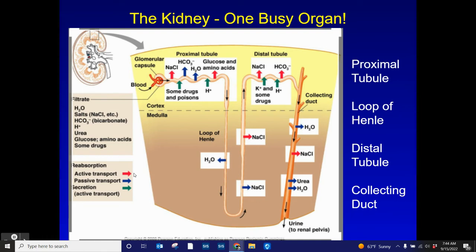But then we also see active transport, which is the red arrows, and passive transport with the blue arrows. We see some salt being actively pumped out in the less concentrated regions of the kidney, i.e. in the cortex. Up in here, glucose is also being pumped out of the cell. And we also see some active transport down in this region. So the kidney does a lot of both active and passive transport.